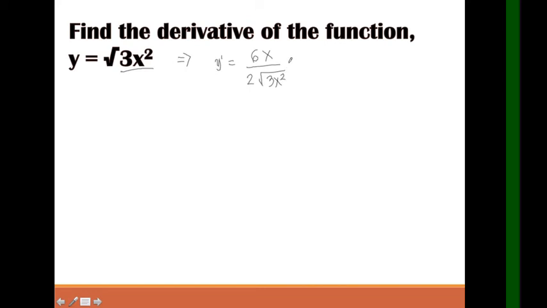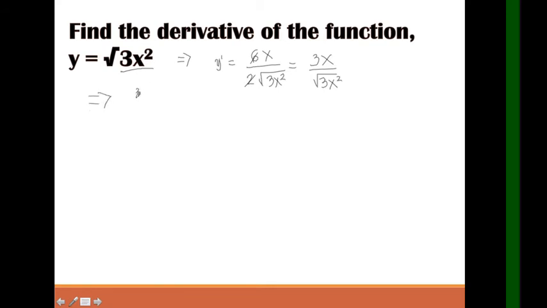Alright, so next, we can cancel this. So this will become 3x over square root of 3x squared. In this portion, we can square root the x squared, alam naman natin pwede siya.